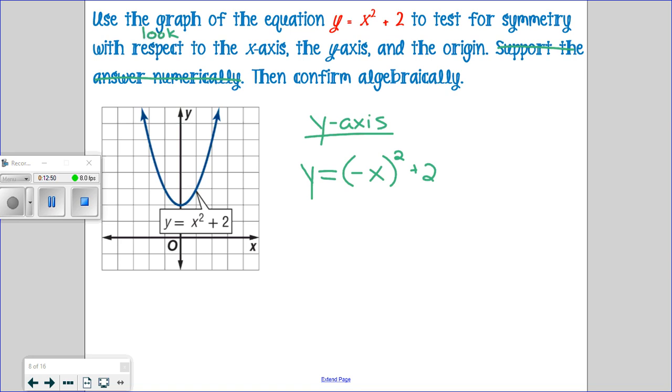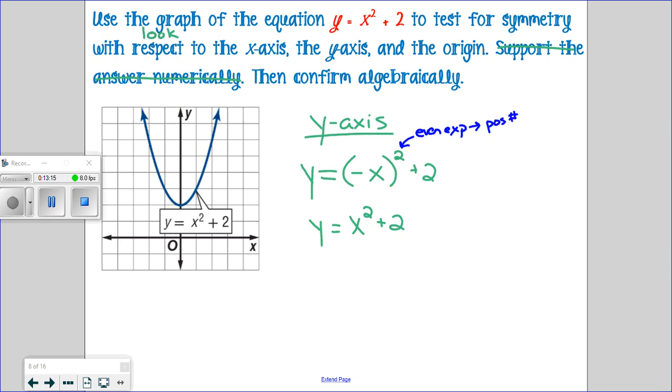In algebra, if I have something raised to an even exponent, my resulting number will always be what kind of number? Positive. So if it's raised to an even exponent, I have a positive number, meaning I don't need to put the negative on it anymore. I can rewrite this as just x squared because it would be positive.